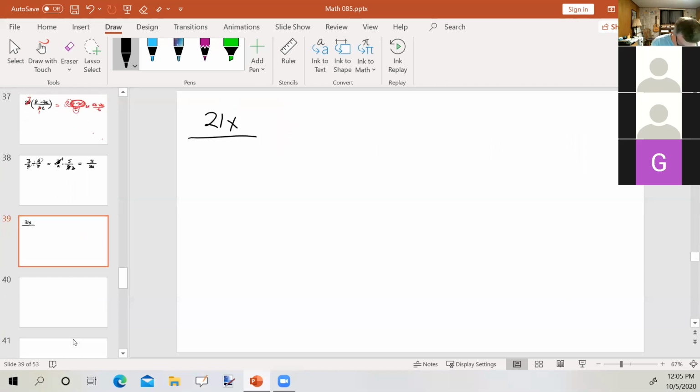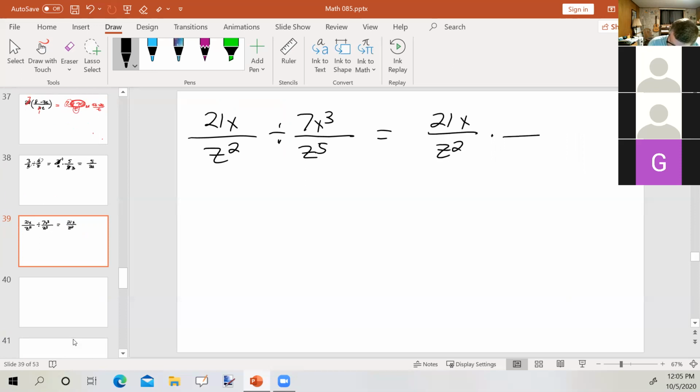21x over z squared divided by 7x cubed over z to the fifth. So that would be 21x over z squared times z to the fifth over 7x cubed. Dividing by a number is like multiplying by its reciprocal.